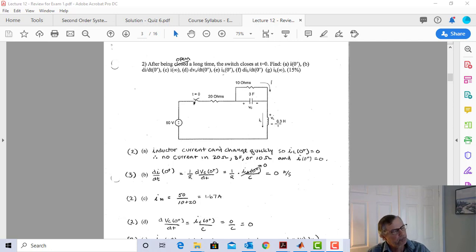And I go back to my rules checklist and I say, can't change the current through the inductor quickly? Yep. But I can change the voltage across the inductor quickly. I sure did. I went from 0 volts to 50 volts. So that's all cool.